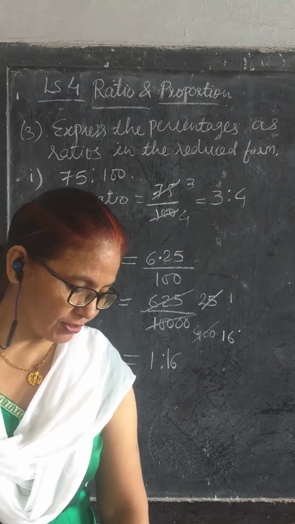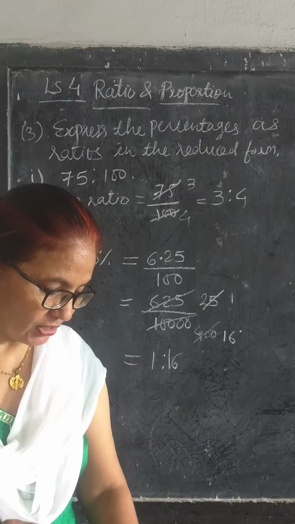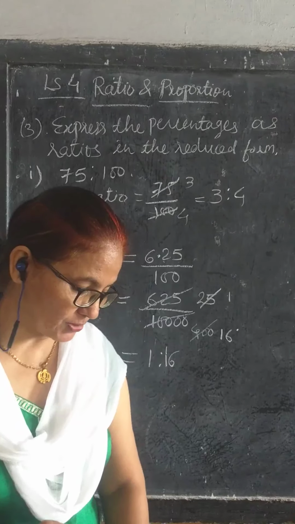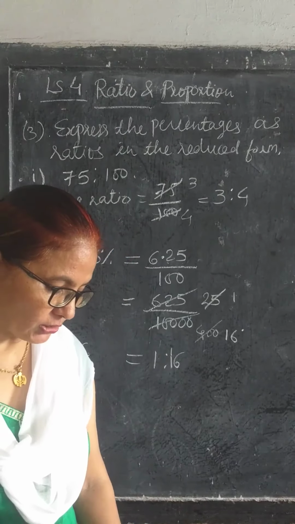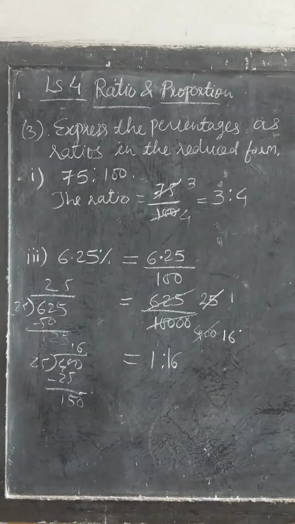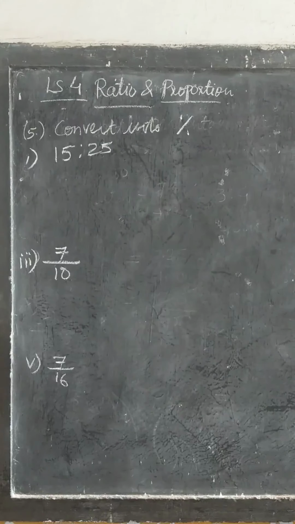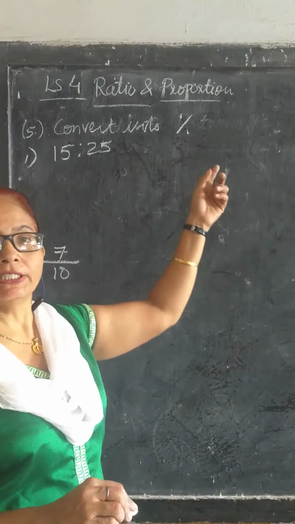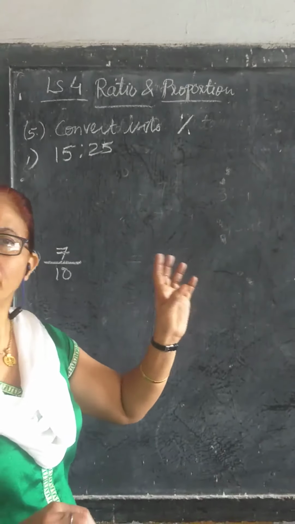Now in this way you can simplify the remaining examples also. Now let's see first question number 5 and then we go with the word problems. Question number 5 is: convert the following into percentage. Okay, let's see that also. To convert into percentage, you know children, in the denominator what do you want?